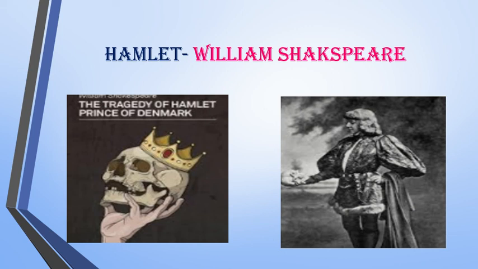And here the Norwegian prince Fortinbras gave orders for a military funeral to honor Hamlet, and they buried him. And here ends the story of Hamlet. Fortinbras became the next king of Denmark.